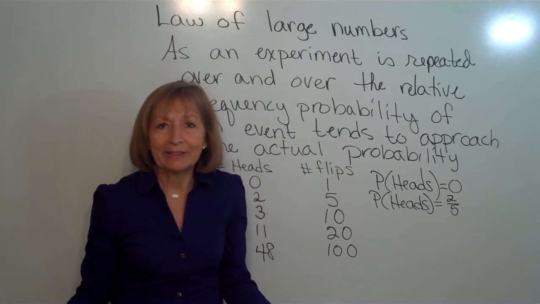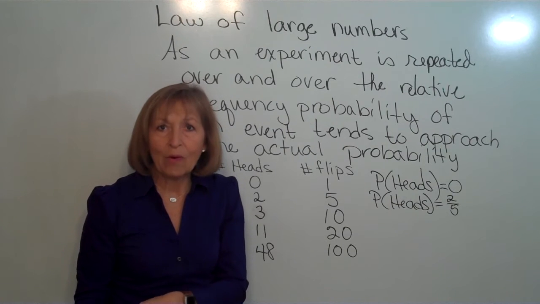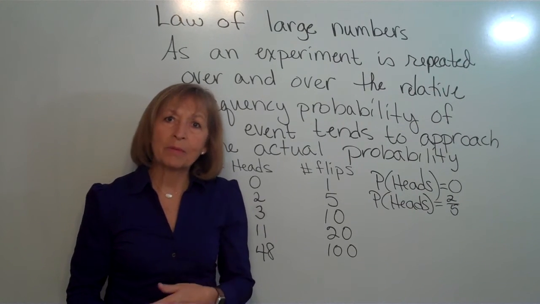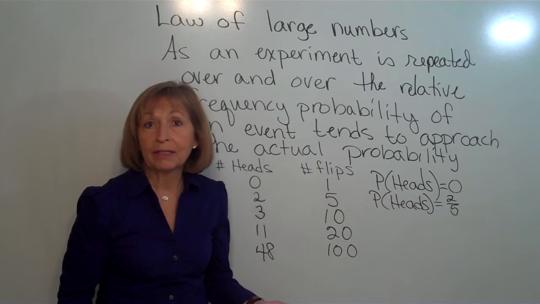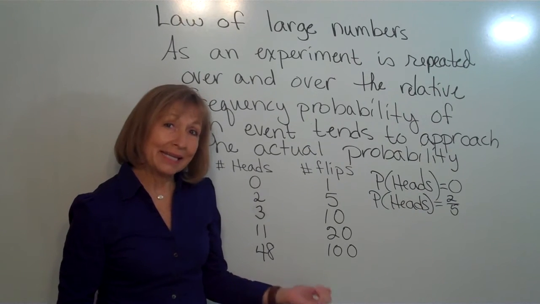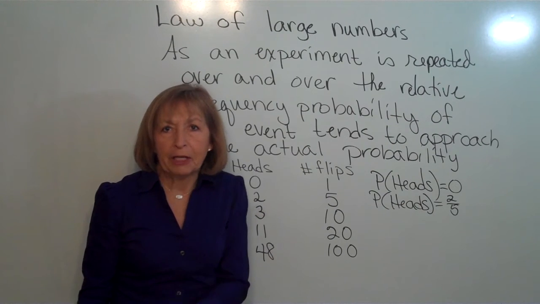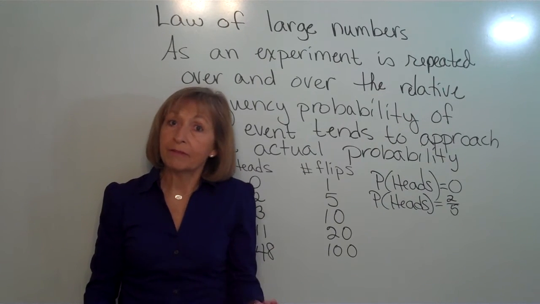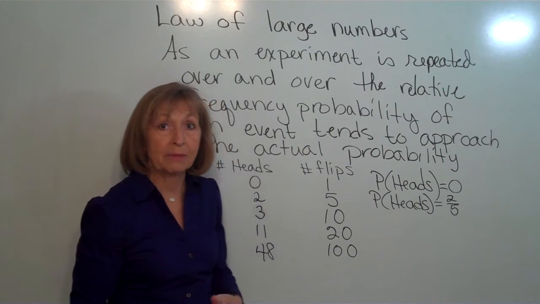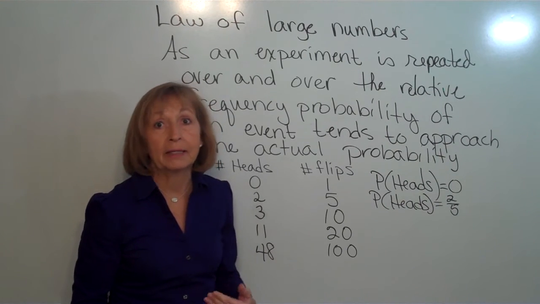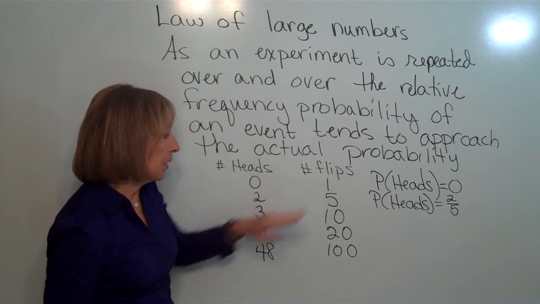I know the probability of heads is not 0 when I'm flipping a coin, and the probability of heads when I'm flipping a fair coin is not 1. It's a number in between there, but I didn't do enough flips of the coin. I didn't do enough of the experiment to get a good approximation of the probability with my empirical method when I only flipped it once.